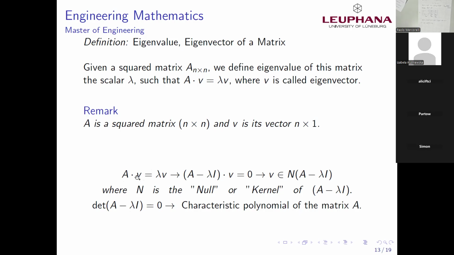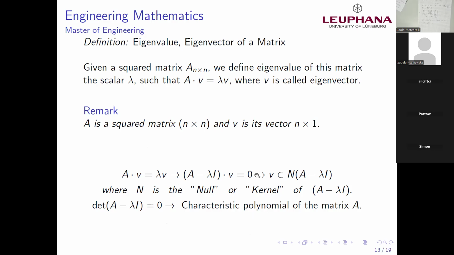The product of A multiply V is a vector as a result. The matrix multiplies a vector, the result of a matrix multiplication is again a vector. But if this vector V is a particular vector, an eigenvector, the result of A multiply V is again in the direction of V, because lambda is a scalar. We can see the scalar lambda.